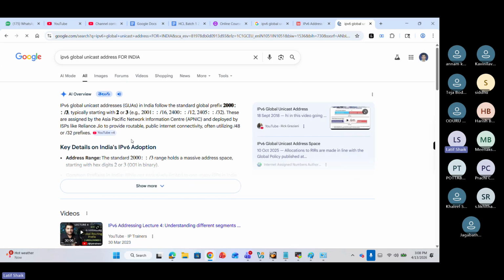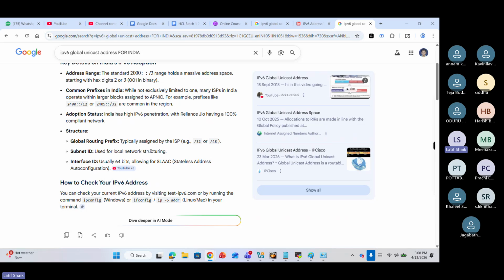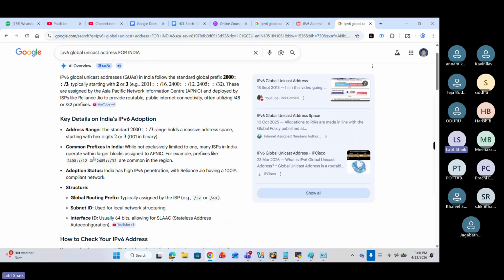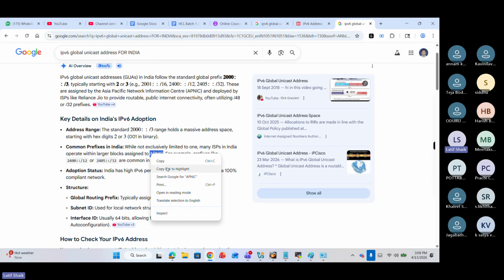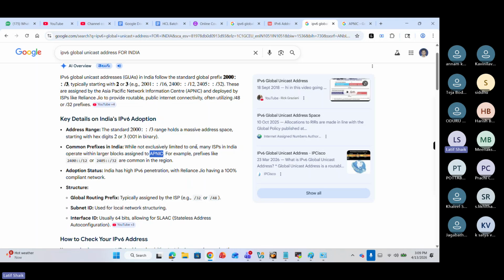Not for India alone, guys. A lot of other countries are included in this global range. And there are common prefixes, generally 2400 for APNIC. This is what I was searching. APNIC is Asia specific, the Regional Internet Registry administration for IP addresses. You have to go to APNIC to get an IPv6 address, the Asia Pacific Network Information Centre.